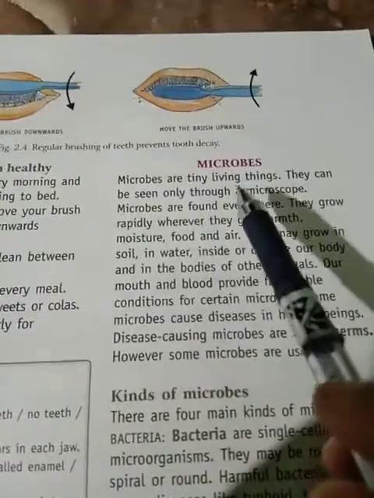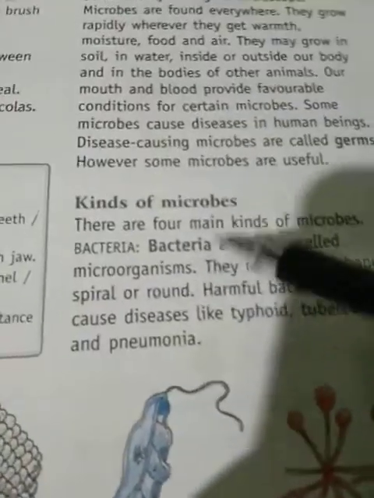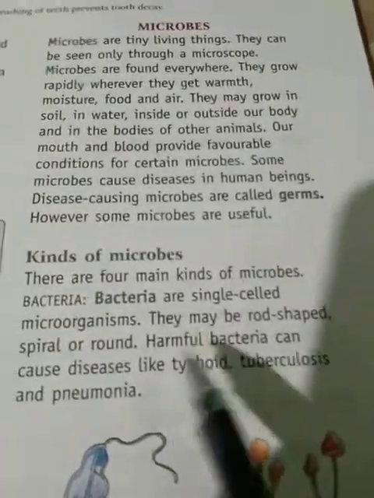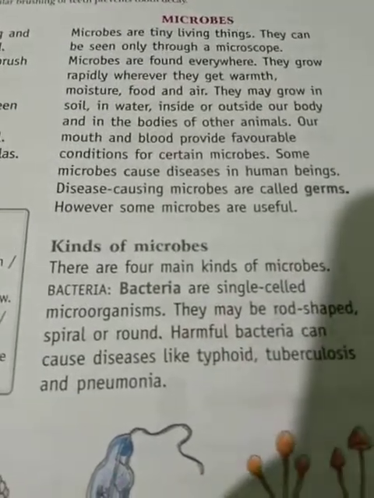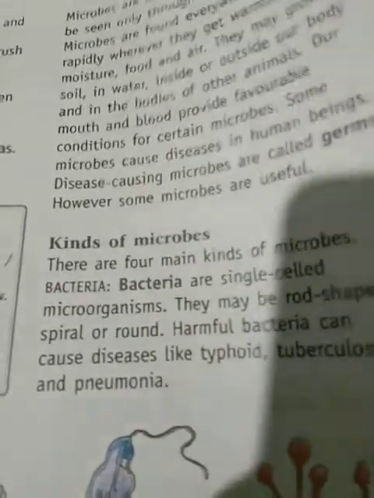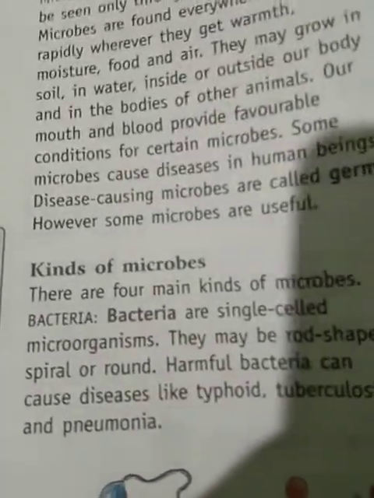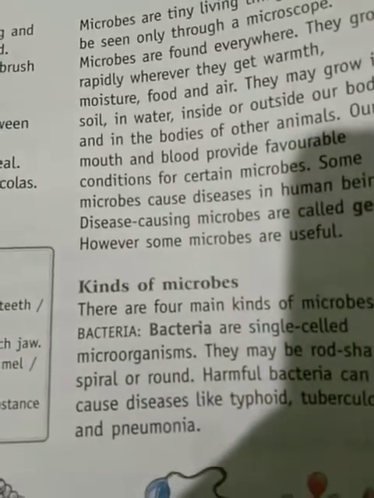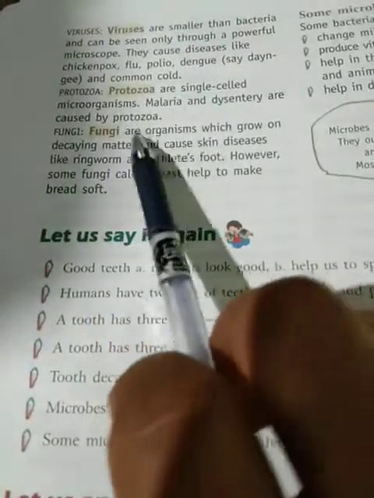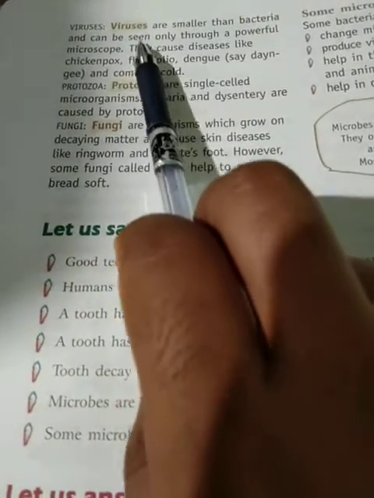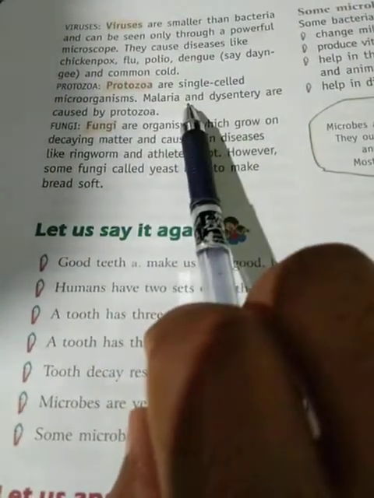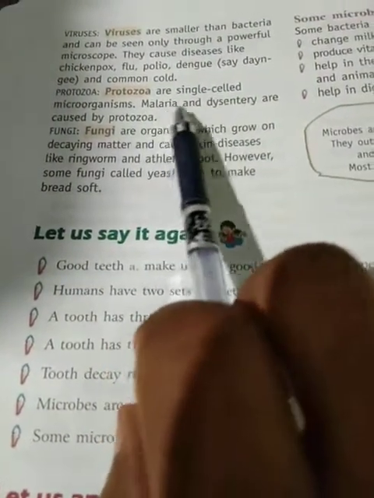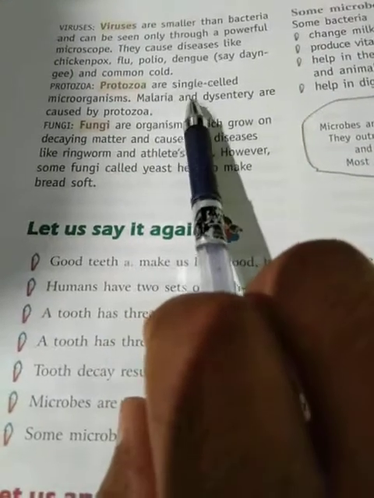Now from microbes, these kinds of microbes and these diseases are very important from the exam point of view. That means you have to remember these shapes as well as the diseases caused by each and every kind of microbe, such as viruses. The diseases caused by every kind of microbe are very important to remember.